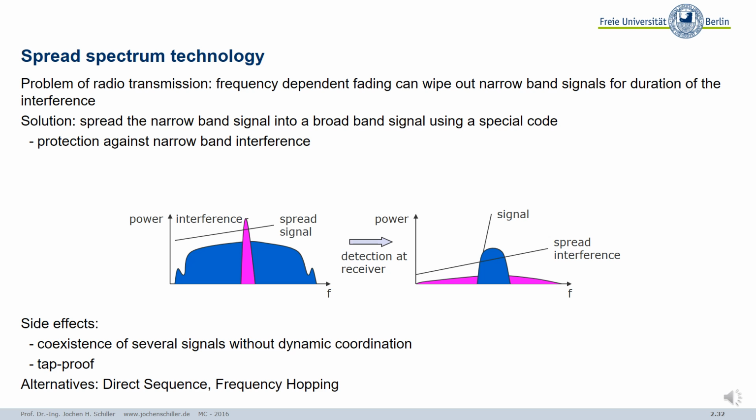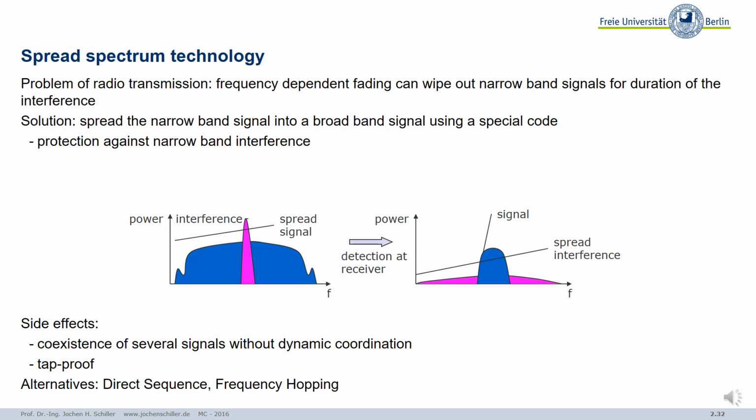Instead of putting all your energy in this narrowband signal, you spread out your energy over a larger spectrum. So instead of using a channel of, let's say, 20 kilohertz, we suddenly use 500 megahertz, or 10 megahertz, 1 megahertz, whatever. So we spread the signal. I will explain how we do this. Why do we do this?